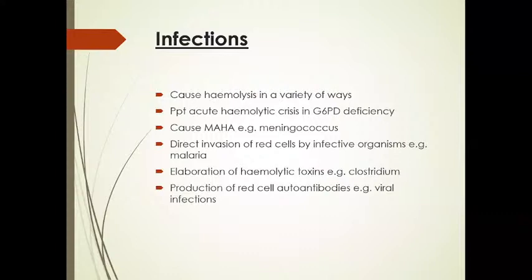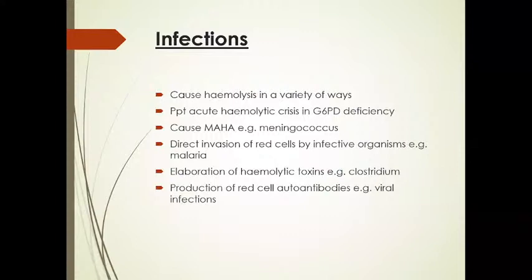You can get direct invasion of the red cells by the infective organism, for example malaria. Malaria causes hemolysis in a number of ways. If you recall the life cycle of malaria, after the liver stage you get trophozoites, and in schizogony they multiply and get out of the cell by causing lysis, before going on to infect another cell.